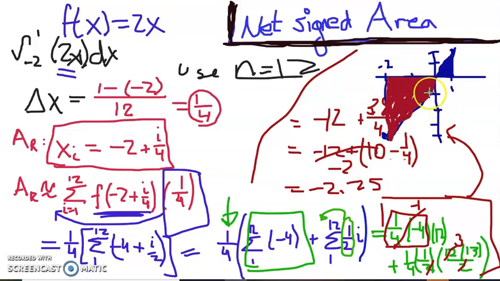So remember, each of these y values we plug in are actually negative, so the box that we make with a positive delta x and a negative y value is going to give us a negative number inside here. And then this one is going to be positive something, and that makes up for a little bit of it, but not much. And so our final result is a negative number.